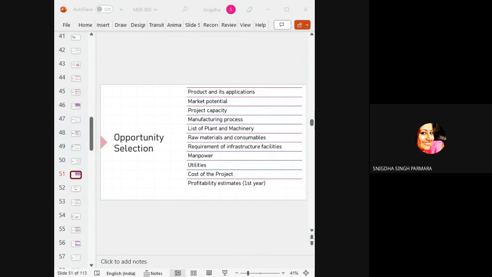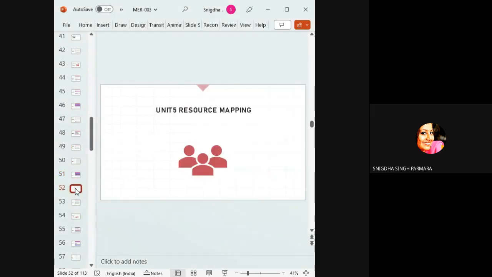So you see what are the products that the business opportunity or idea will result in, what are the applications of that product, what is the market potential, as in how large is the market, what is the project capacity, the manufacturing process, what are the plants and machinery required, raw material and consumables required, infrastructure facilities needed, the manpower, the skills needed, utilities, cost, and finally profitability estimates. So this is how you finally select an opportunity.